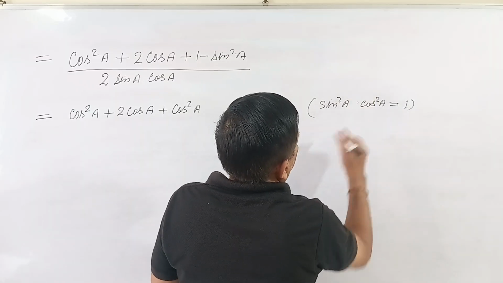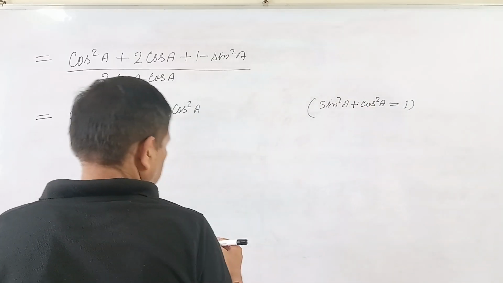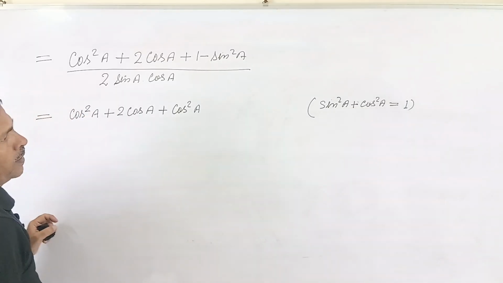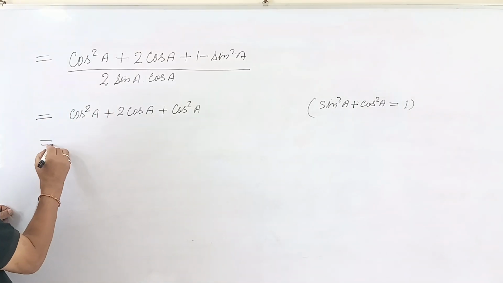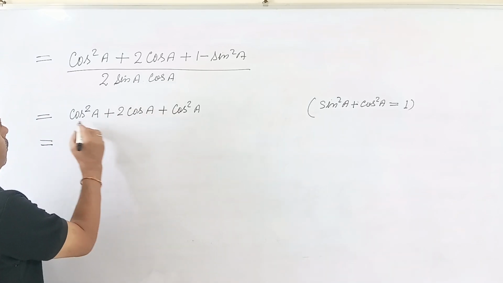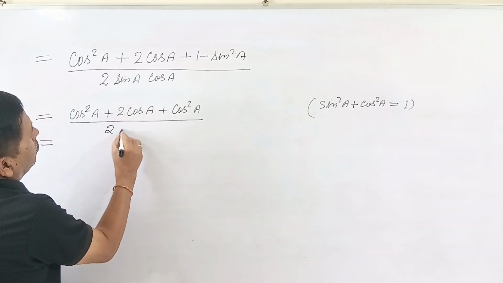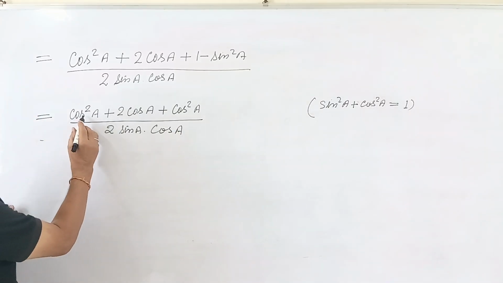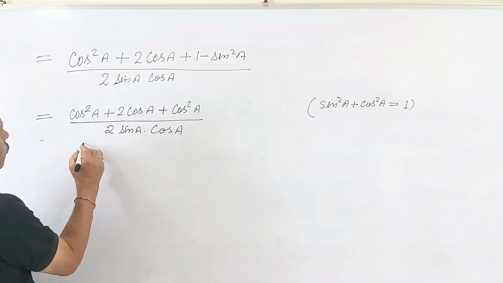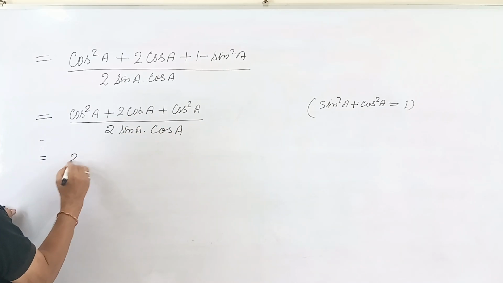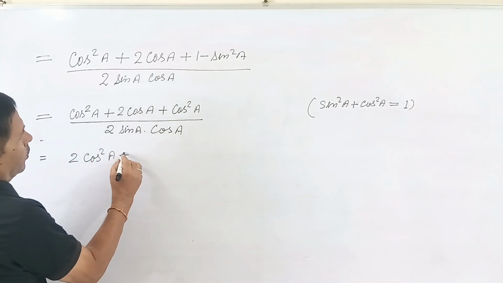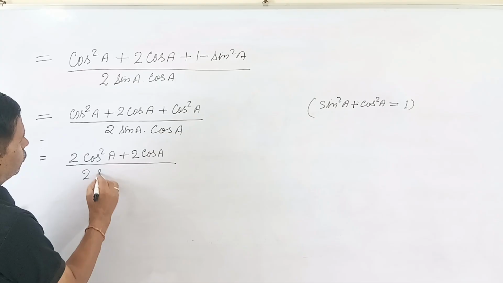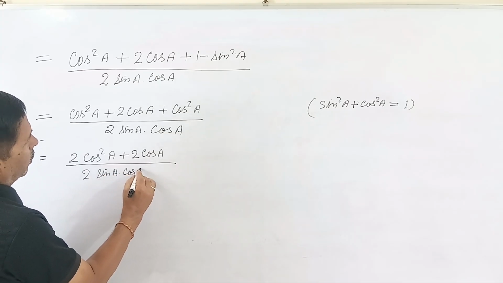From this identity, we will use this: 1 minus sin square A becomes cos square A. So cos square A plus cos square A means 2 cos square A, equals 2 cos square A plus 2 cos A upon 2 sin A into cos A.